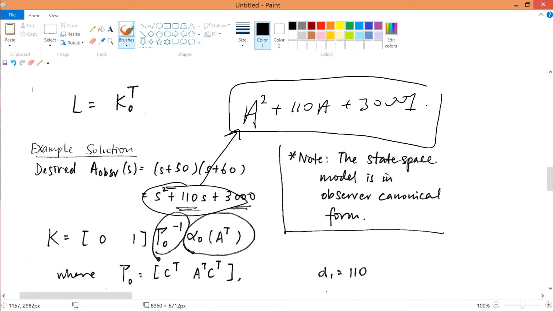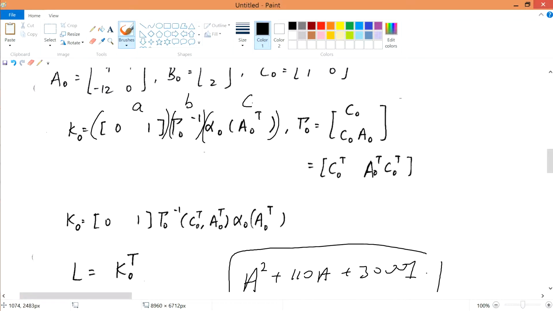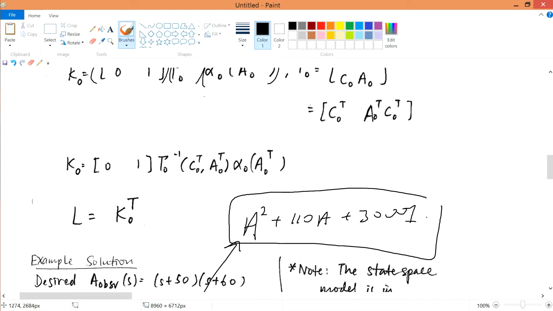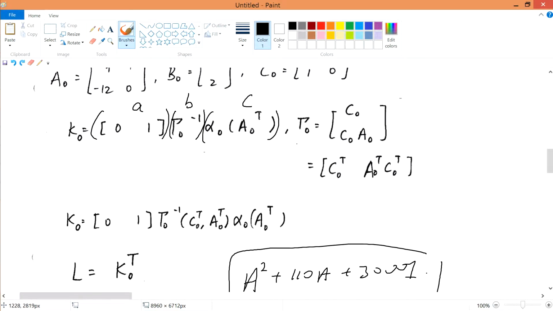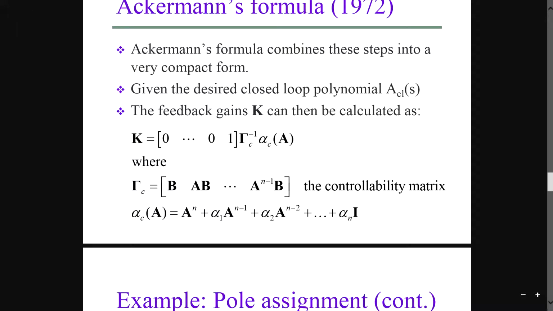However, please do take note that this is slightly different from Ackermann's method for the controller. This is not the same case, because you have A_O^T here, a transpose. Previously in Ackermann's method for the controller, where we talked about K_C, this one was A only.